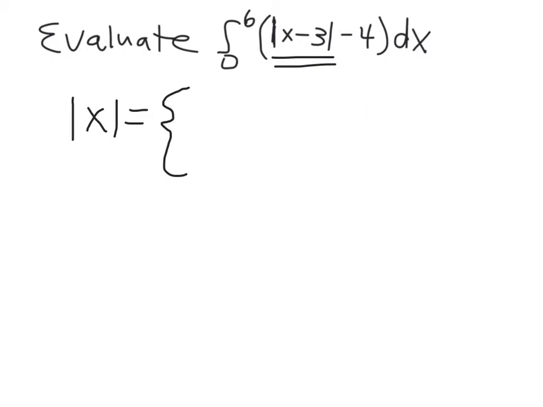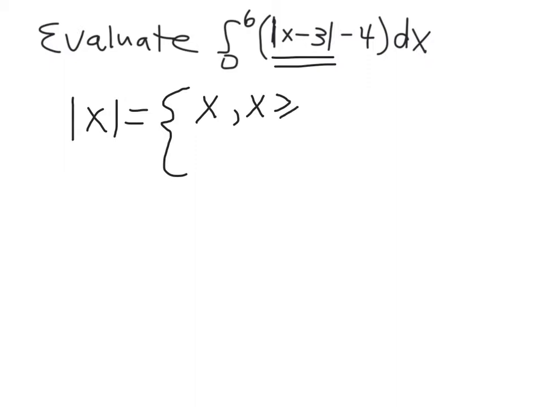If x is positive, absolute value of, say, 3 is what? 3. So if x is positive, then the absolute value of x will be the exact same as what the inside is.